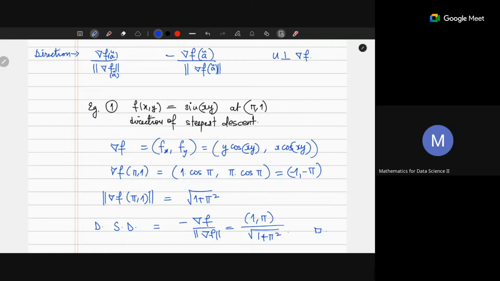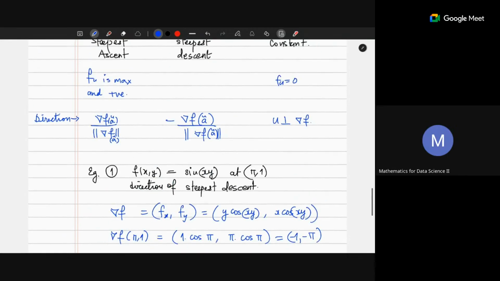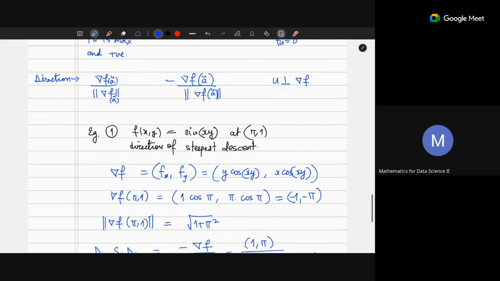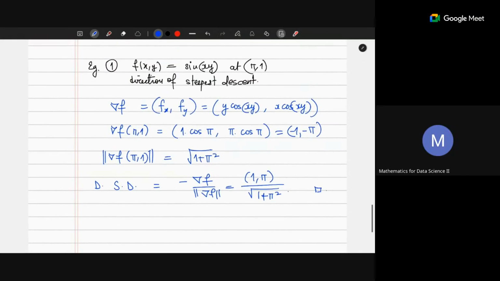All right. So this is quite a standard question. It's just computation. There is nothing involved in this. Okay. All right. So why are steepest descent and steepest ascent directions important? Because these are some useful facts that help us to understand the nature of the function. Okay.